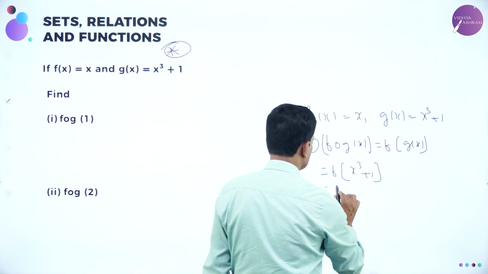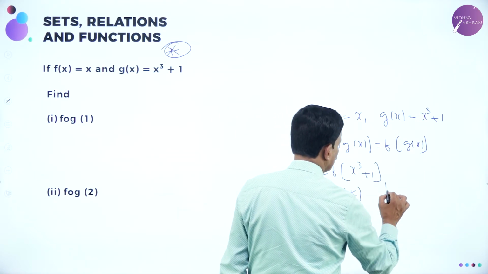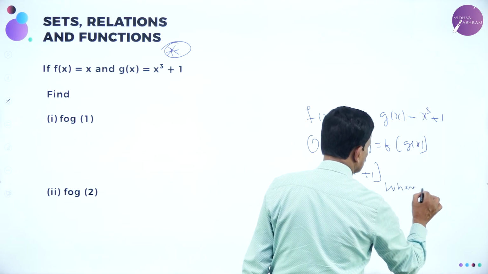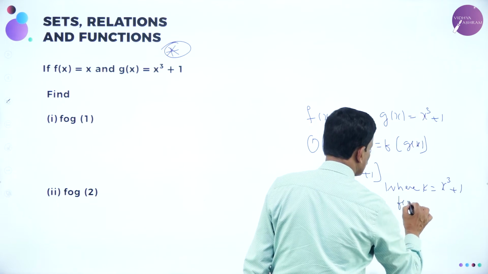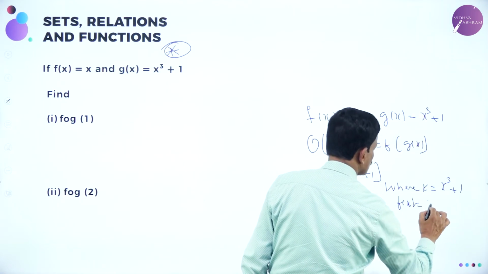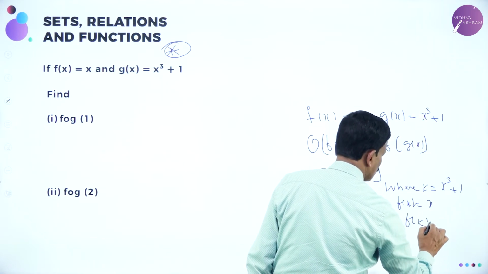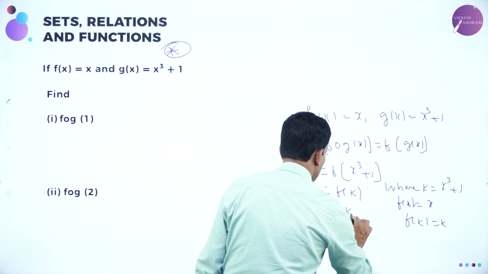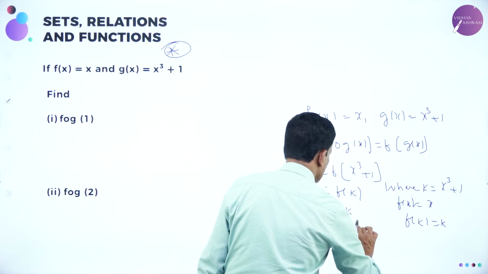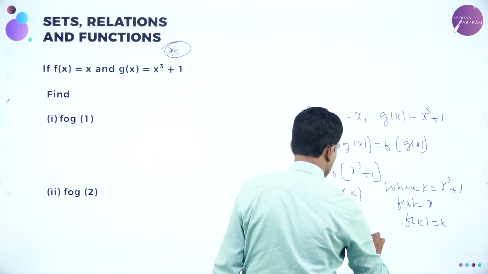Now let us consider this as f of k, where k is equal to x cube plus 1. Since we know f of x is equal to x, f of k can be written as k. So f of k is k. What is k? k is nothing but x cube plus 1.